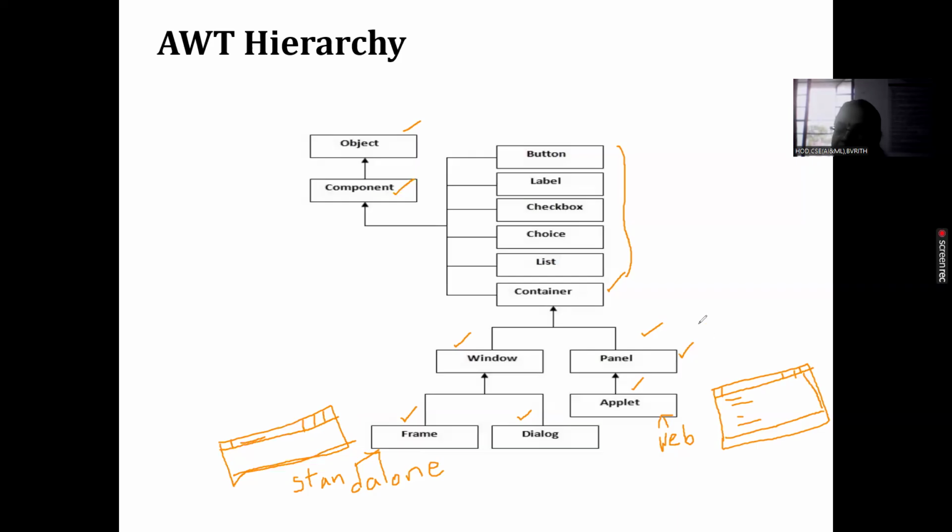Okay, so this is especially used whenever you want to group controls. Grouping controls means, for example, I want to make one particular set of controls into one group, related to one particular purpose.